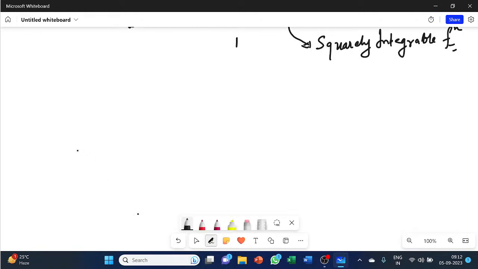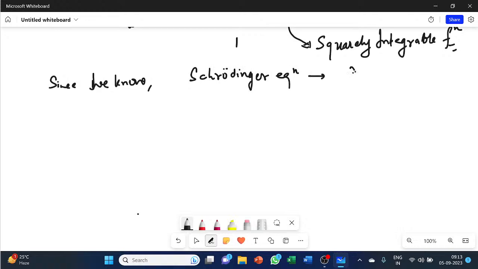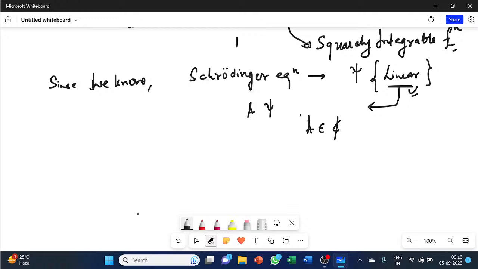Since we know that the Schrodinger equation gives us a solution psi and it is linear, if psi is a solution, then a psi is also a solution, where a is some complex valued constant, or you can say complex valued scalar.